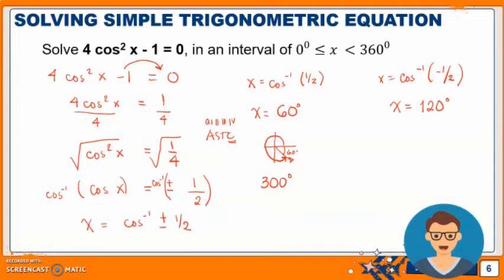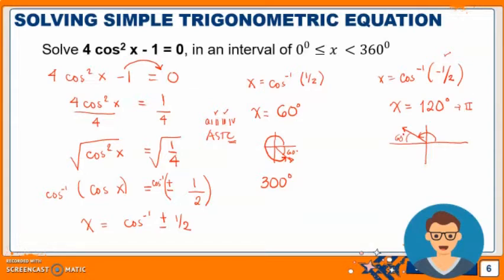On the other hand, cosine is negative in quadrant 2 and quadrant 3. In this case now, 120 degrees is in quadrant 2. So all we have to do is to get quadrant 3. In quadrant 3, we will not use the reference angle of 120. However, if we draw 120 in quadrant 2, its reference angle is 60 degrees.